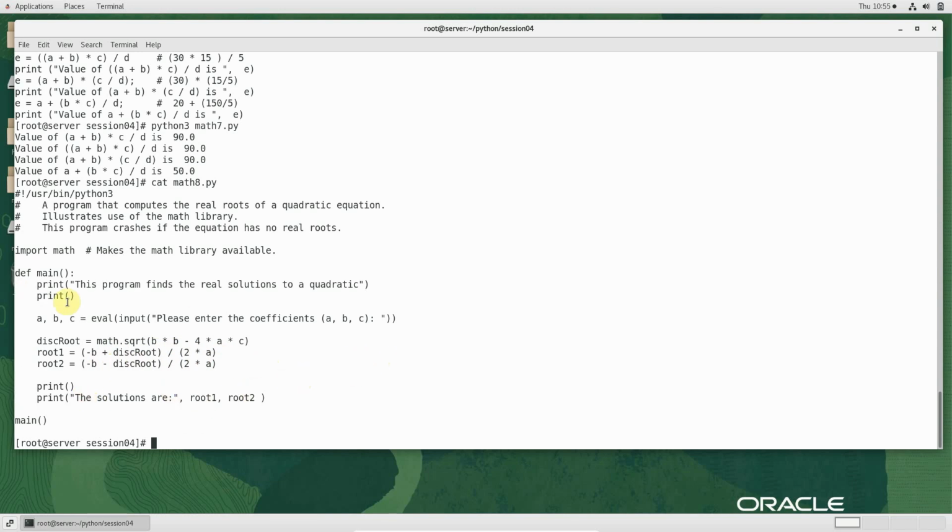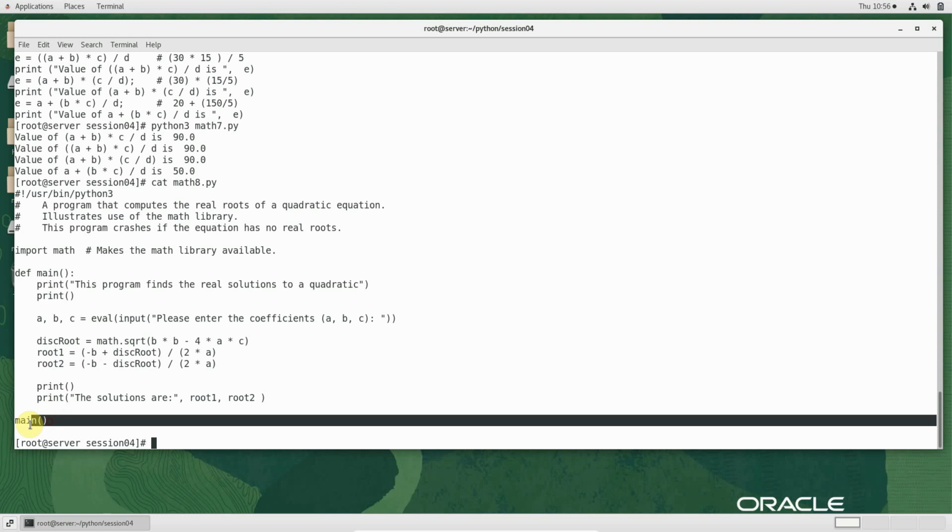Now see, this is an example of the functions we discussed, and an example of the modules we discussed yesterday. We are importing the math library. We are using the square root function from this library, math.sqrt. That's how we use it. This is the concept I discussed. This is the first time I am showing how to use a function from a library, from a module.